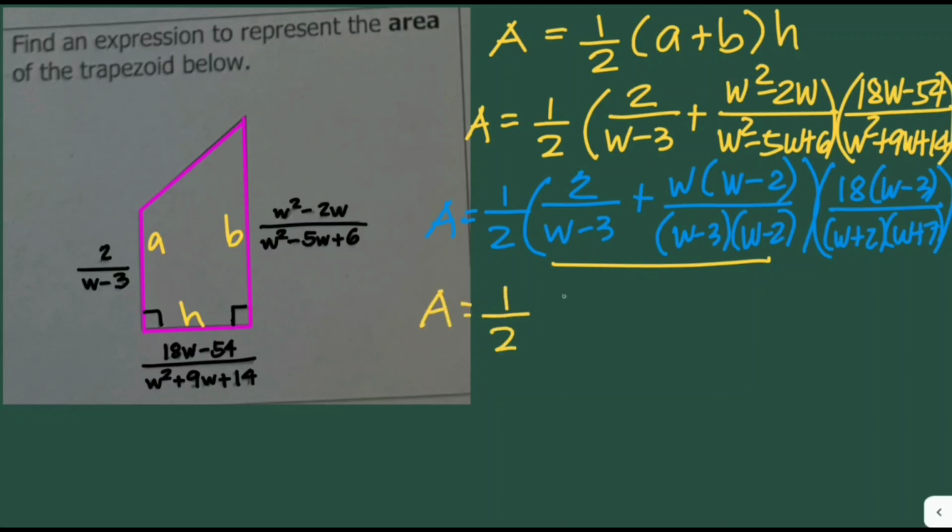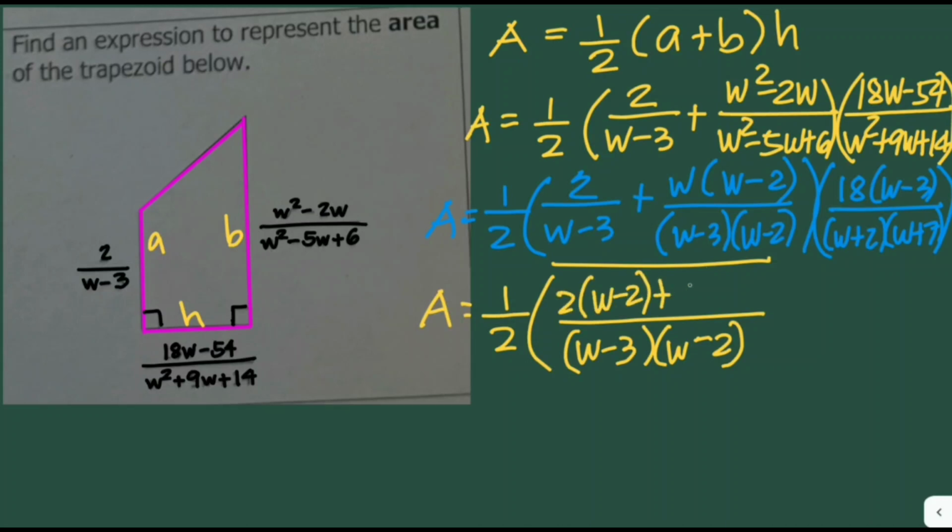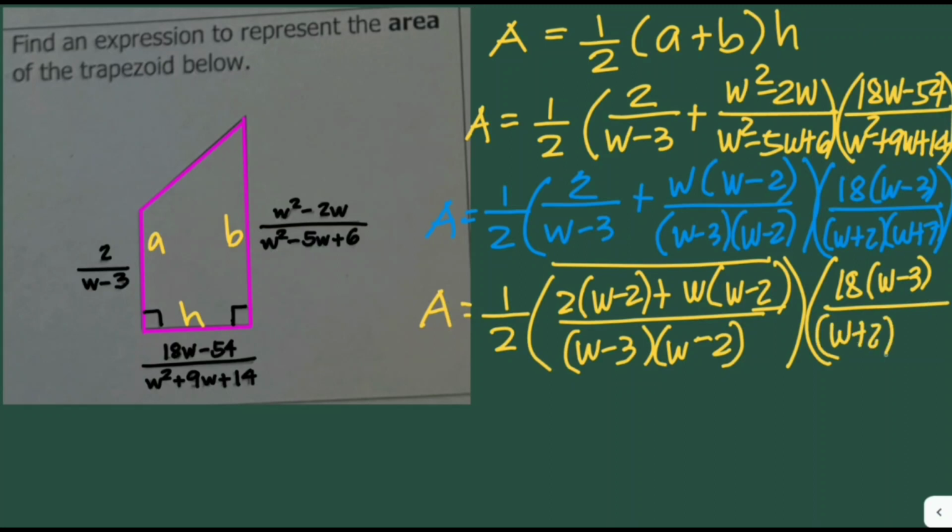And then we add, 1/2. We get the LCD, which is w minus 3 times w minus 2. So that would be 2 times w minus 2 plus w times w minus 2, and times 18 times w minus 3 over w plus 2 times w plus 7.